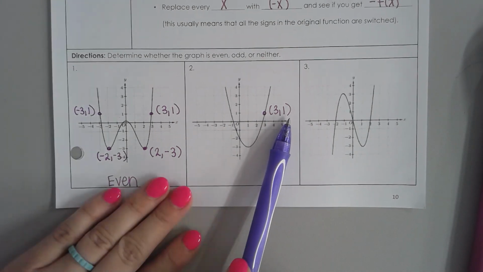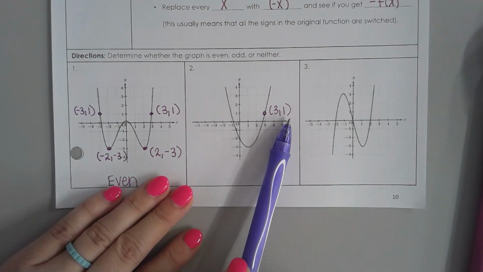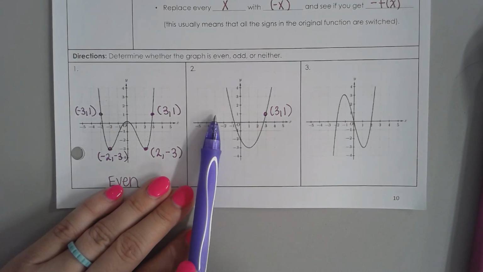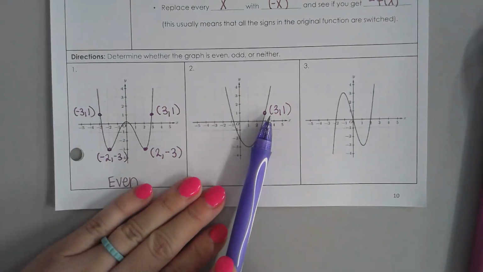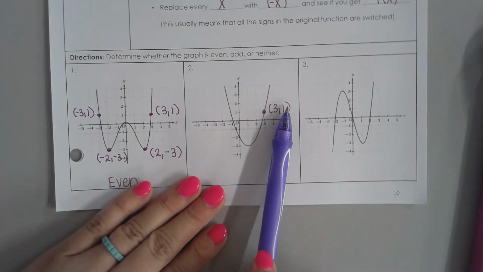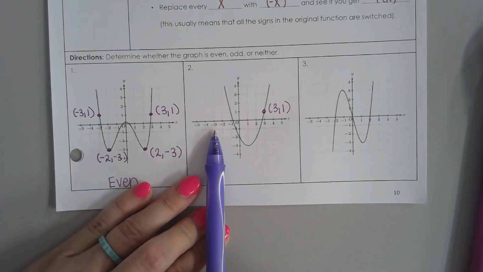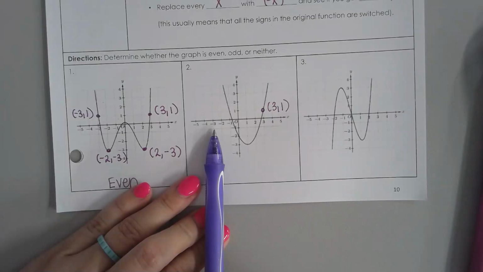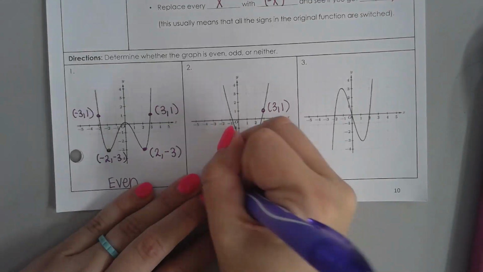Do I have the point (-3, 1)? No. If it is odd, I should have the point (-3, -1). Do I? No, I don't. So this one is neither.